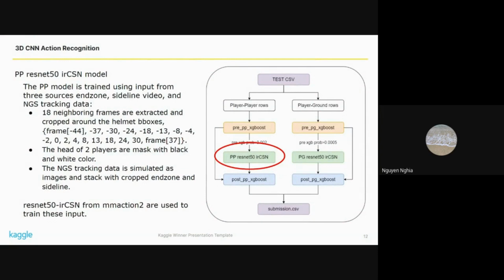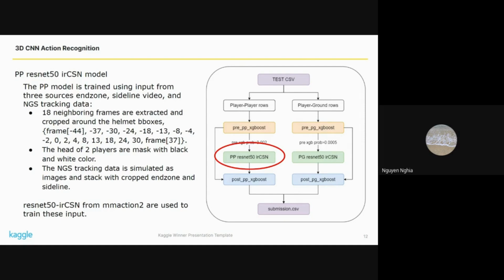For the player-to-player contact, I use input from three sources: the end zone, sideline, and the NGS tracking data. I extract 18 neighbor frames and crop around the helmet bounding box. The heads of the two players are marked with black and white colors.